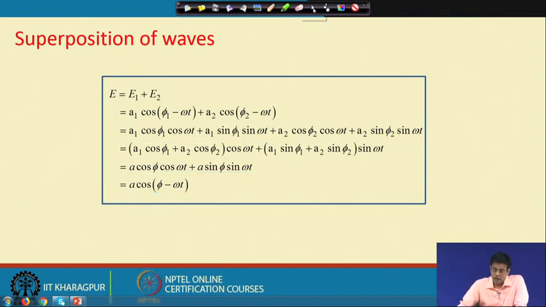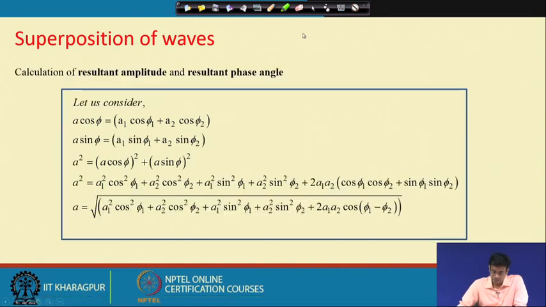So, this looks simple. Yes, this is the resultant amplitude and resultant phase angle. With this I can write that A square is this: cos square phi, sin square phi, and then A square can be expressed in this form after some manipulation.